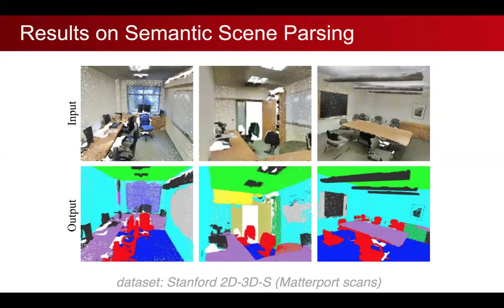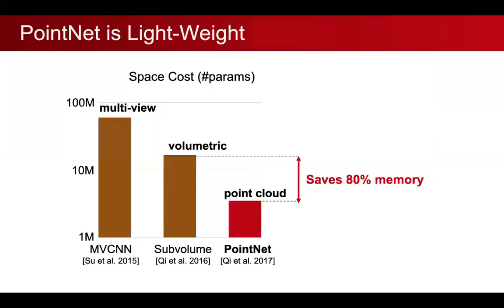So you see there's a room, with the table, the chairs, the blackboard, and the lamps, and the network is able to do a segmentation with that. And it's not a problem that some points are missing because the network is powerful to learn the characteristics of the data because the architecture respects the nature of the data and the invariance of the point sets.